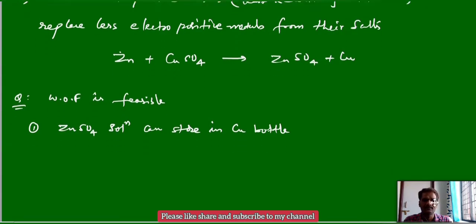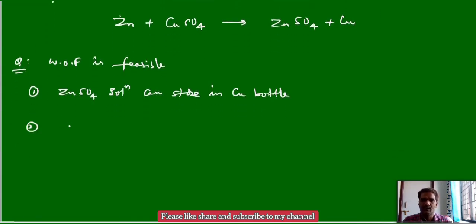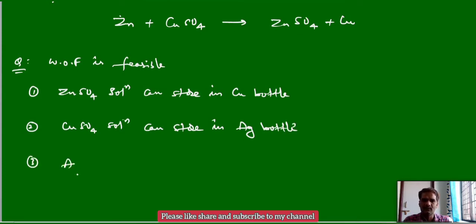Or else, second one, copper sulfate solution can be stored in a silver bottle. Or, silver nitrate solution can be stored in a zinc bottle. Now let us say all are possible.